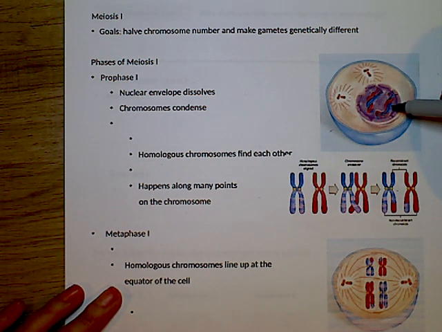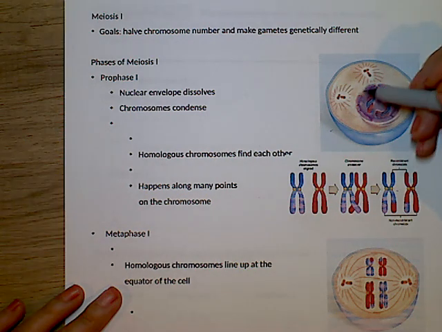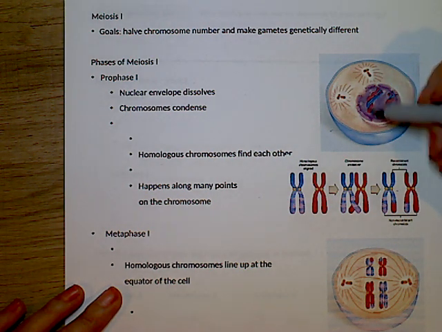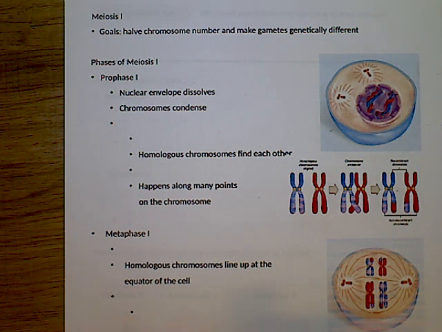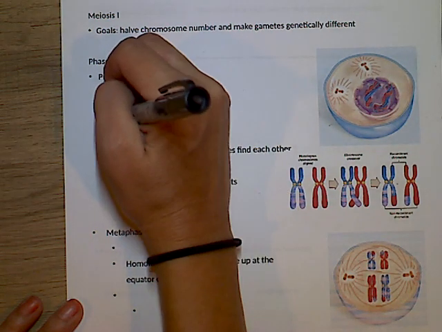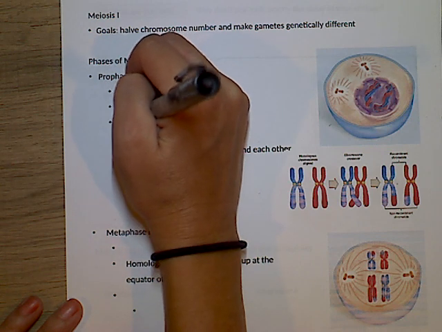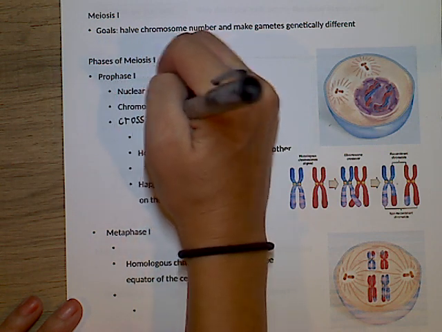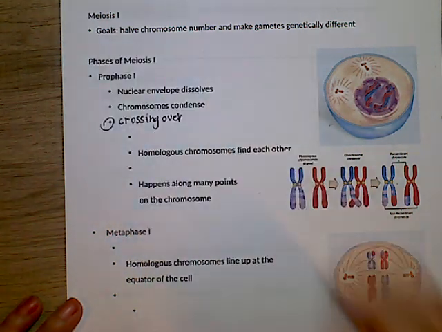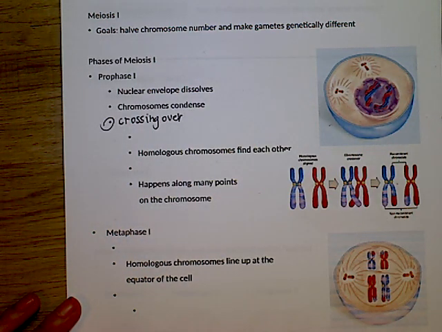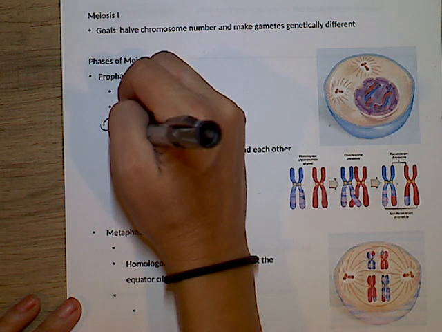So if we're going to duplicate DNA and split it up, we have to open up the nucleus here, and we have to organize it into those protein-wrapped histones that we call chromosomes, so we can equally divide them. And this is where something called crossing over occurs. And that's probably something you should know, and to know that this happens in prophase 1.